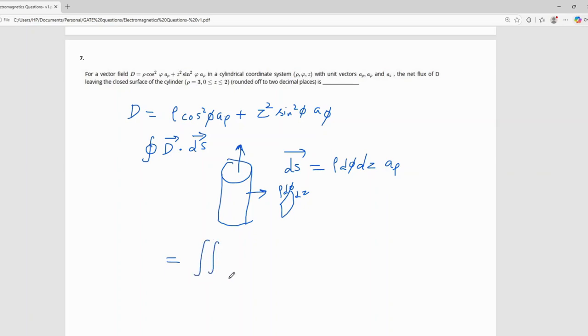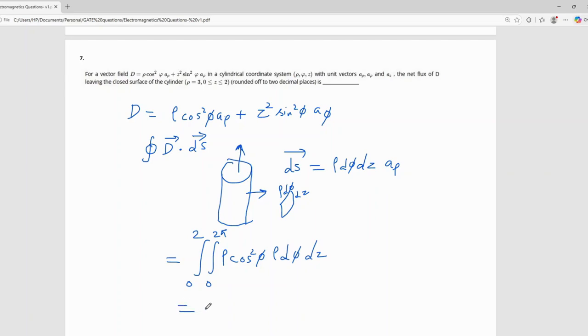along phi and z, z changing from 0 to 2 and phi changing from 0 to 2 pi. And you have only the rho component, so the phi component is not taken, so it becomes a simple integral of rho cos squared phi times rho d phi dz.